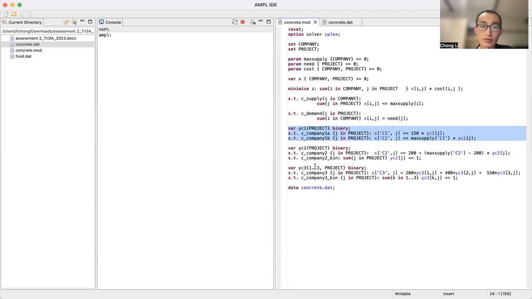project. It is also binary in the first line. We can discuss different circumstances.